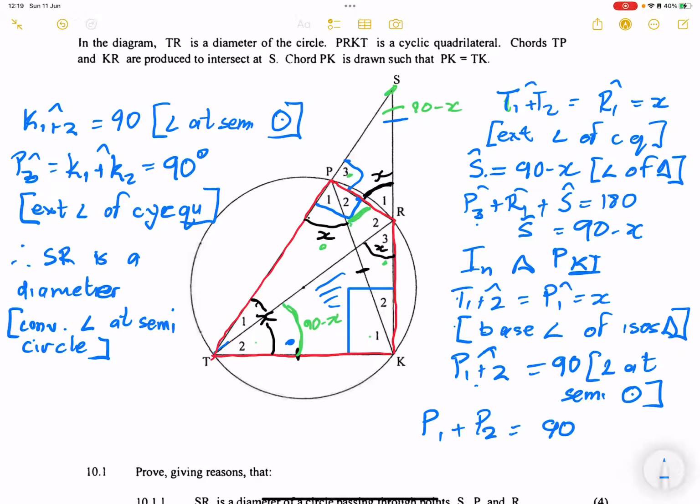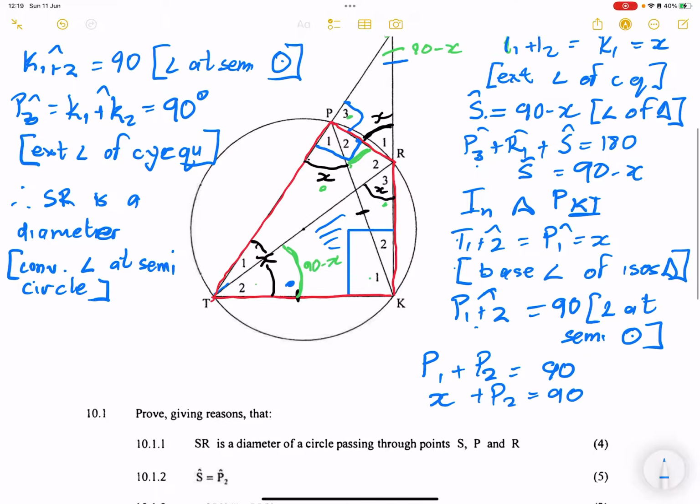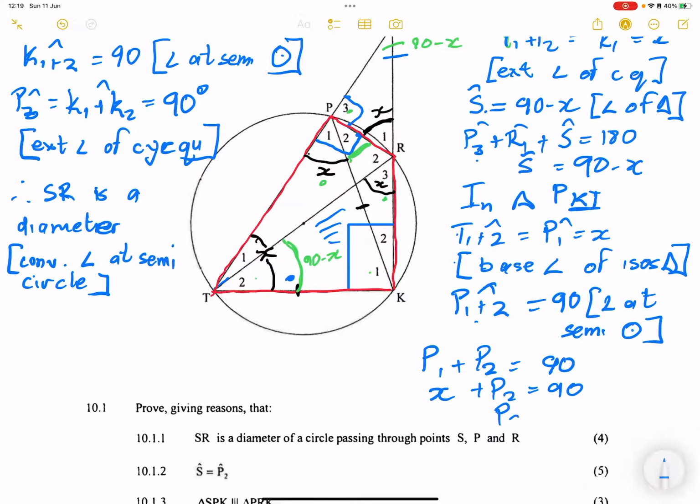But we already know that P1 is equal to X. So X plus P2 is equal to 90. Therefore, P2 should be equal to 90 minus X.